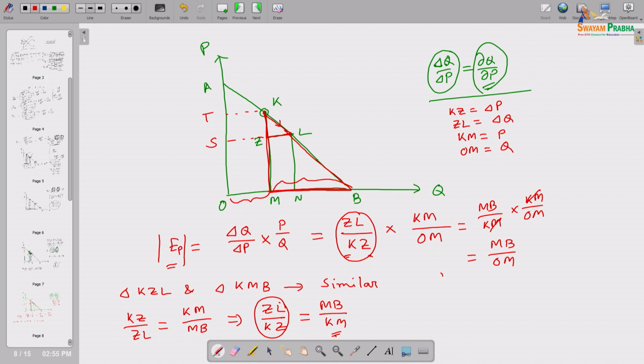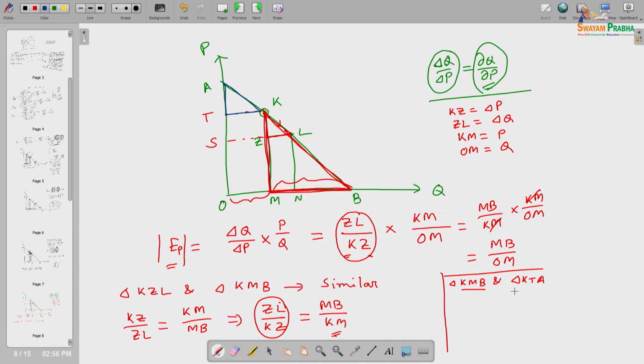Let us now consider another pair of triangles. One is triangle KMB and the other is triangle KTA. This downward big triangle KMB, drawn in red, and this blue triangle KTA, these two triangles are also similar.